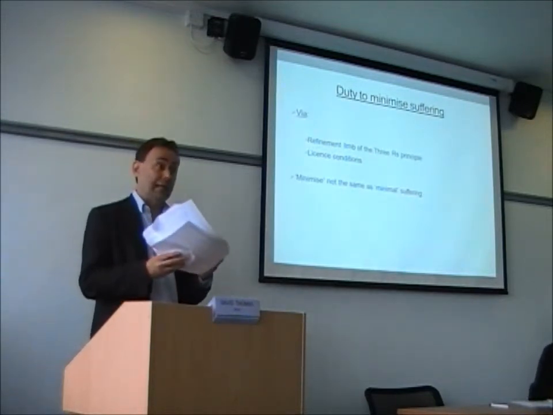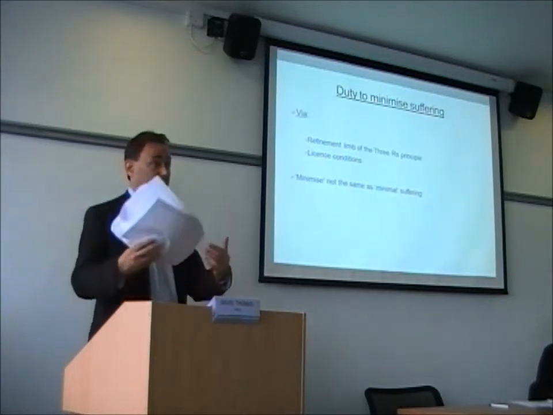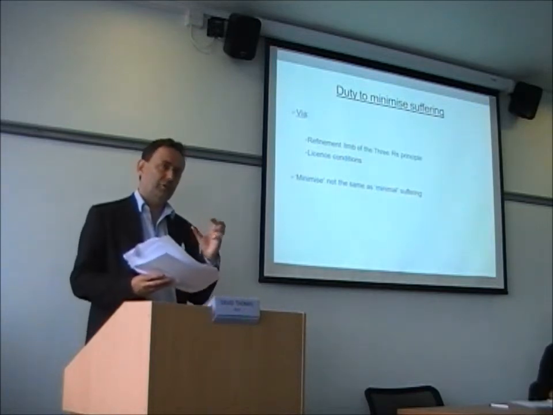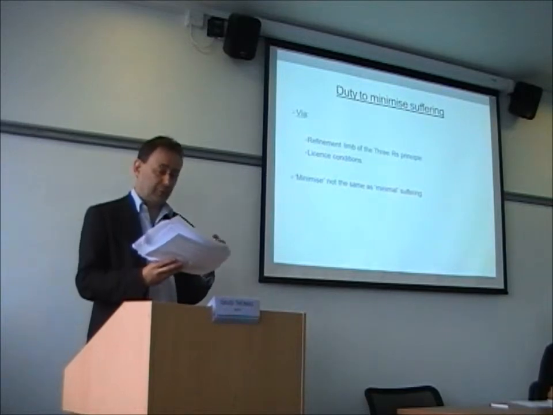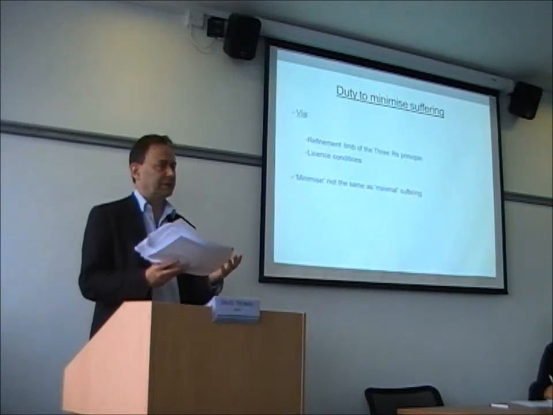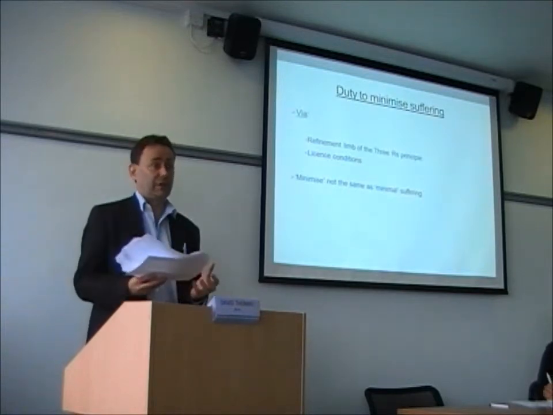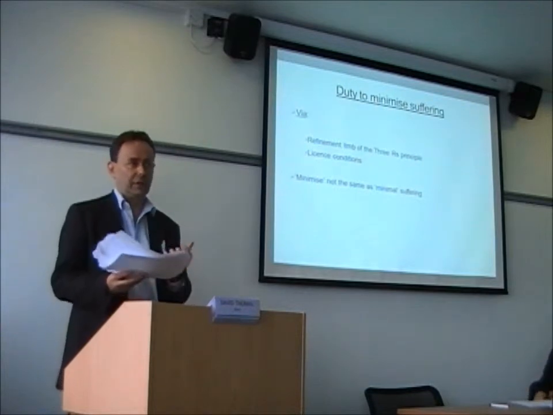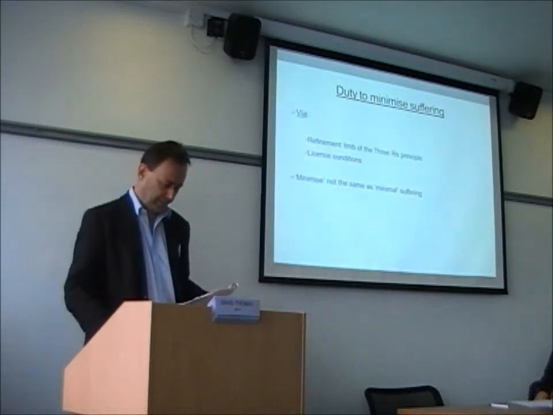But in fact, minimised suffering can still be very high if there's very little that you can do to reduce the suffering because of the nature of the experiment. So because of the duty to minimise suffering, it's really important that suffering is evaluated properly and that different elements of suffering are properly taken into account. Because if you don't, in practice, you're not going to be able to minimise properly.